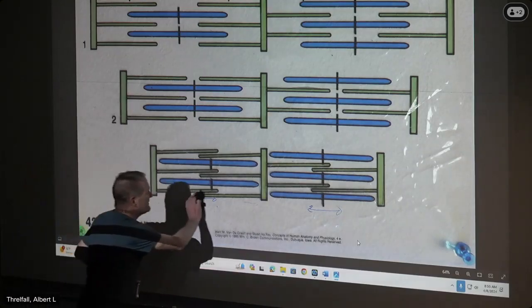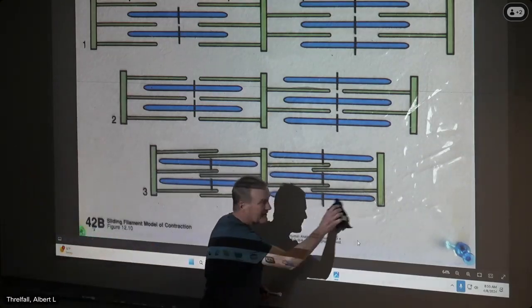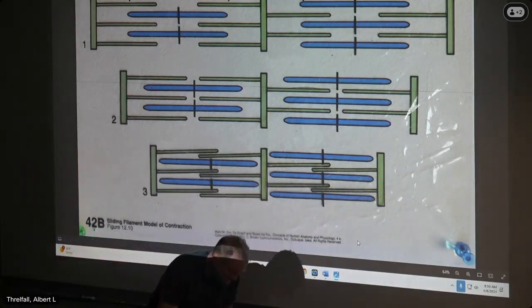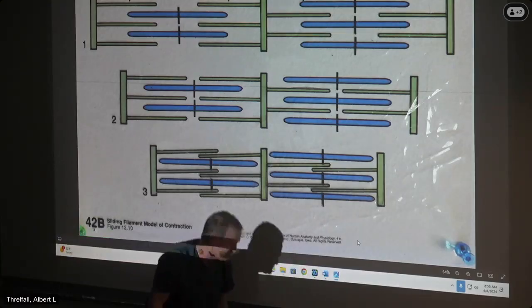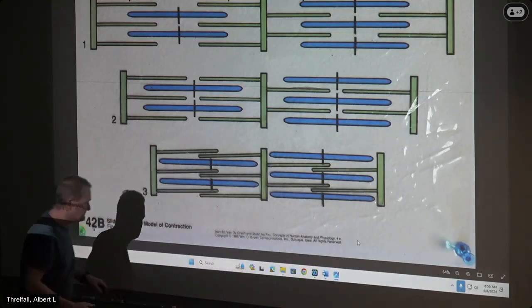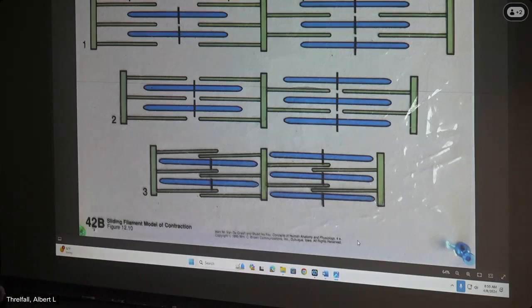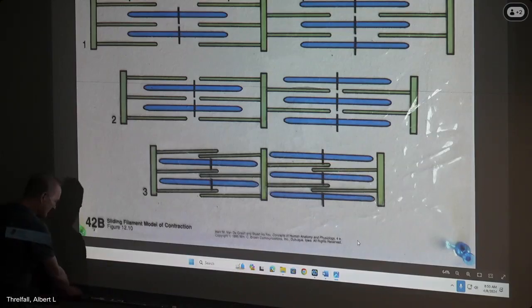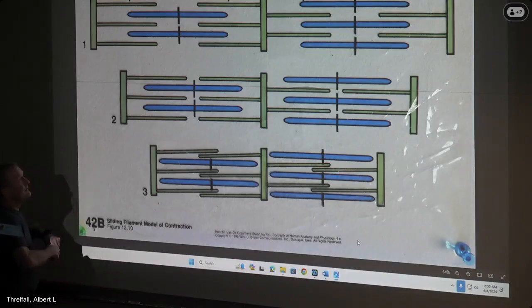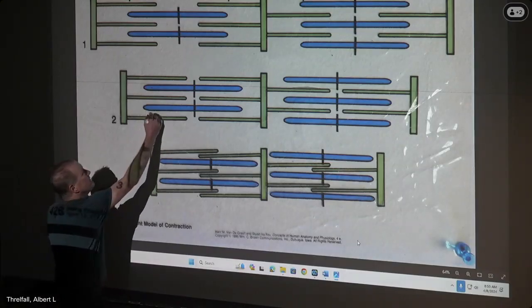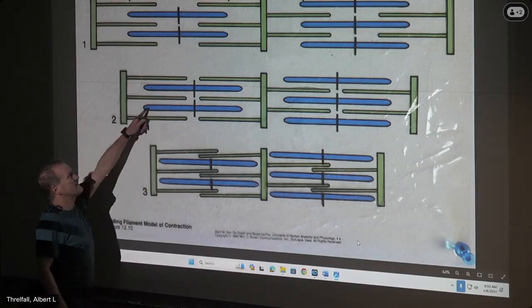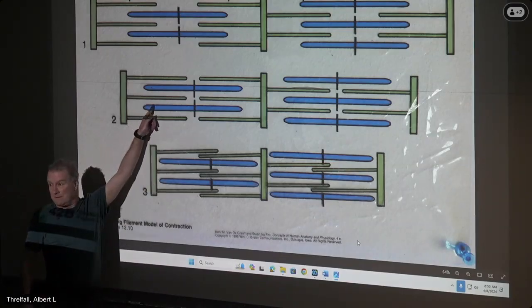So then the question is, how do they slide? Well, it turns out, and I'll give you a lot more magnification in a minute, what's the blue myofilament?